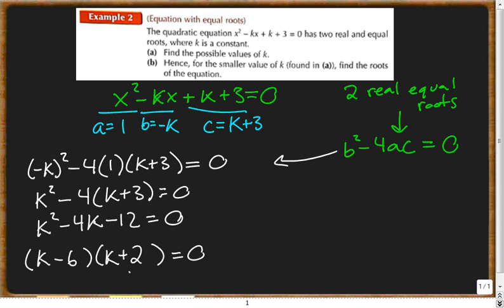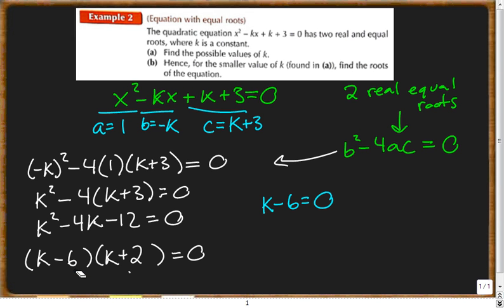So what we can say here is that if k minus 6 was 0, it doesn't matter what k plus 2 is, because k plus 2 could be any number, but 0 times anything makes 0.